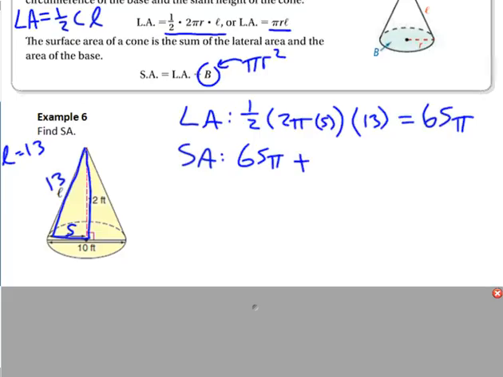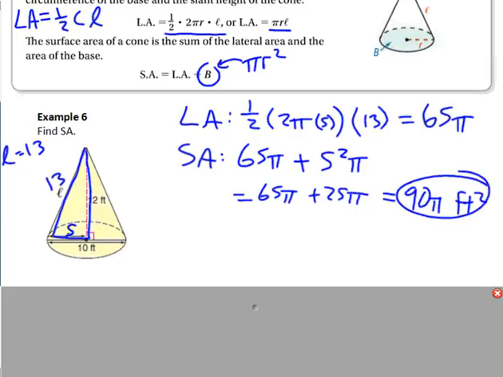So we have 5 squared times pi. So 65 pi plus 25 pi would be equal to 90 pi feet squared. Or if you were to round it, 90 times pi is what, 282.7.